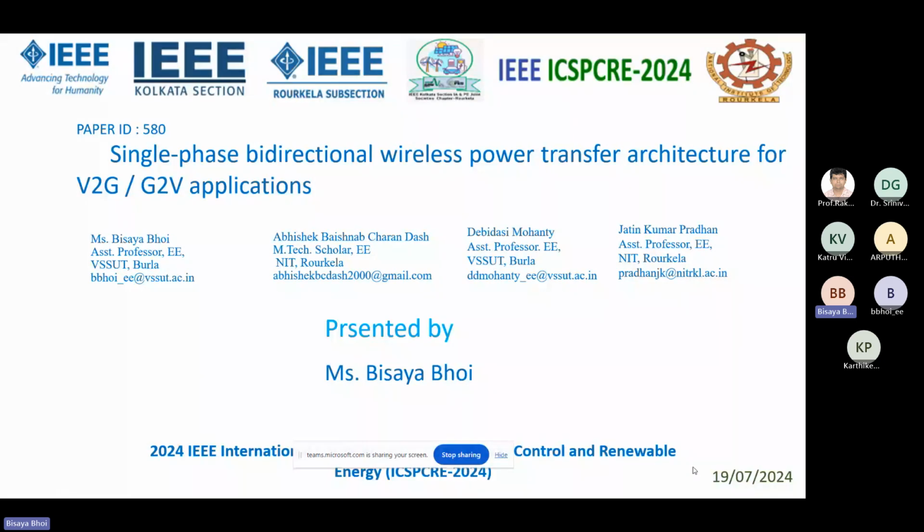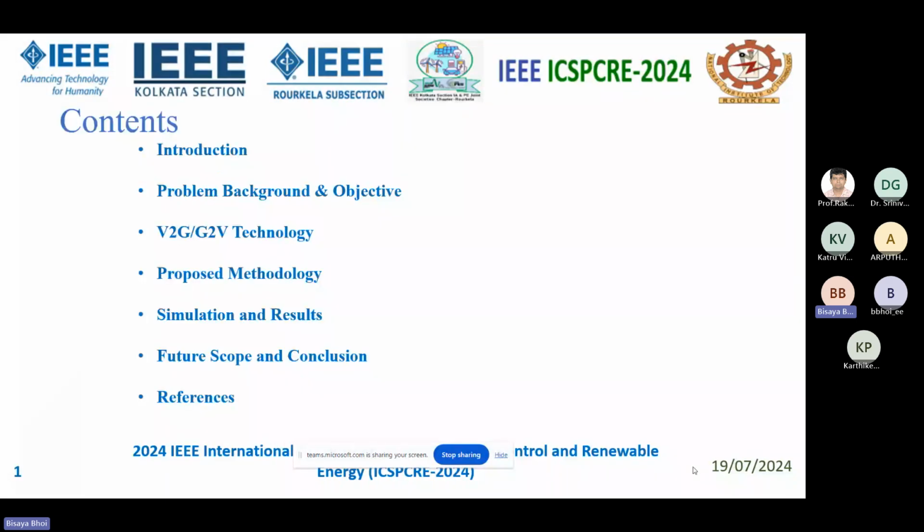Due to increasing emissions and pollution, renewable energy has come into the picture, and after that the electric vehicle is most essentially taken into consideration. My contents include introduction, problem background and objective, V2G and G2V technology, proposed methodology, simulation and result, and future scope and conclusion.